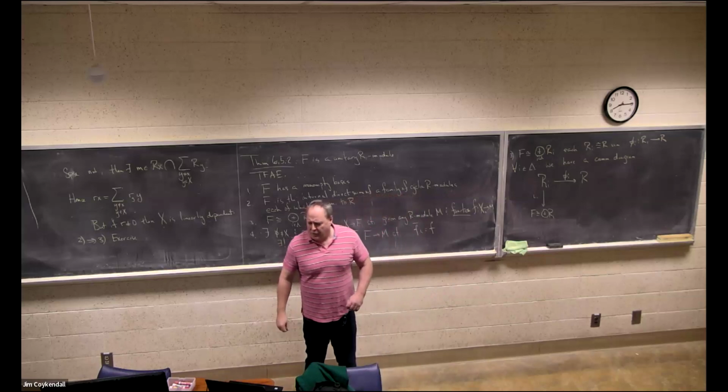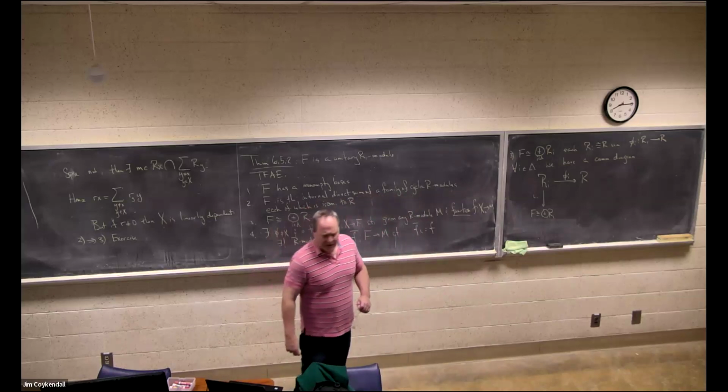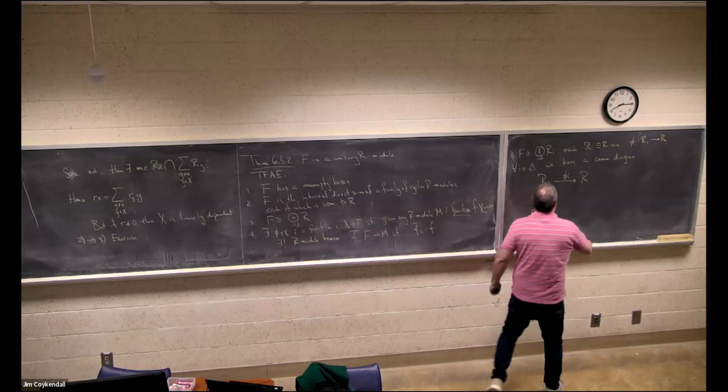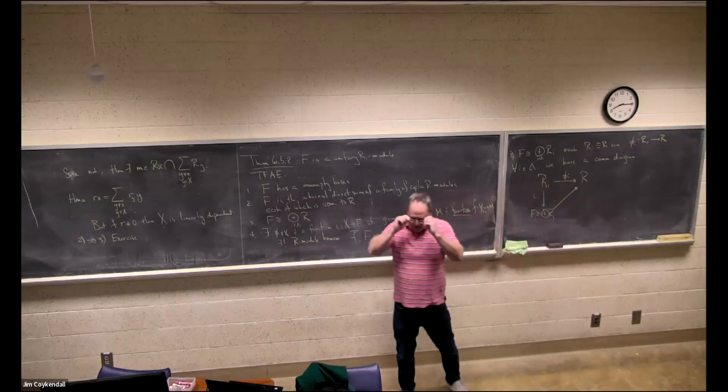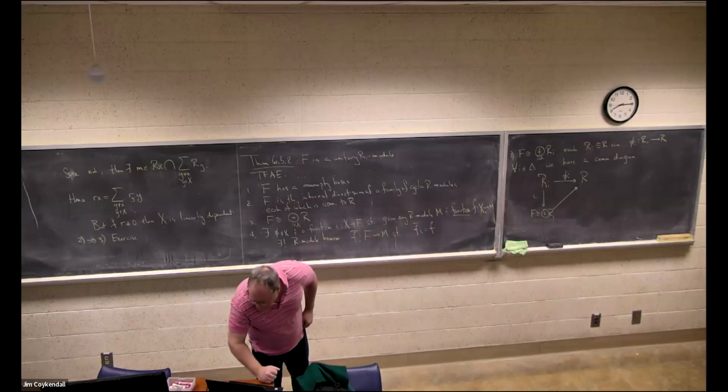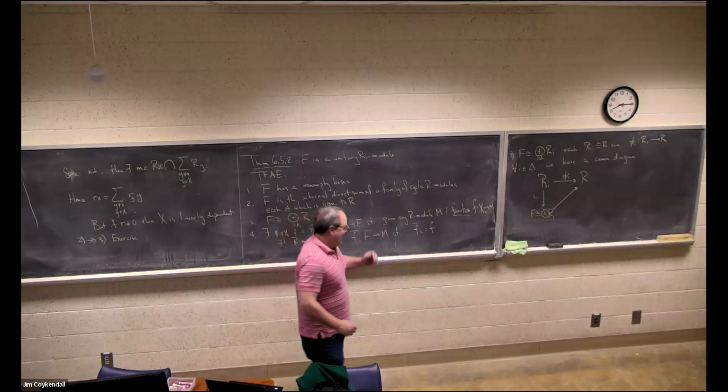And by the way, once we have that situation, we get this map right here, don't we? This is one of the properties of direct sum.